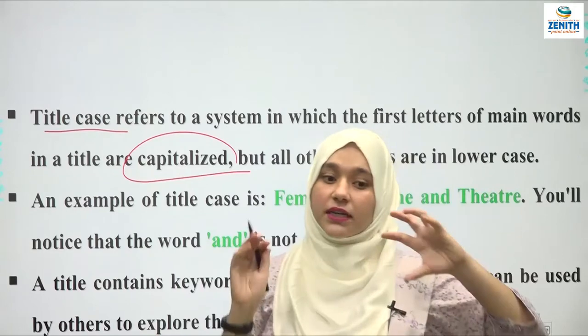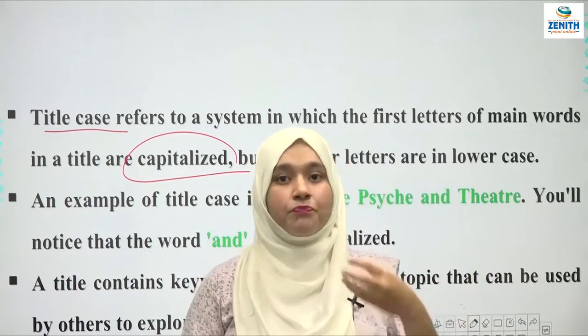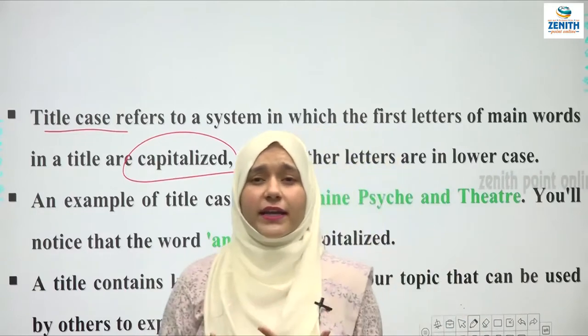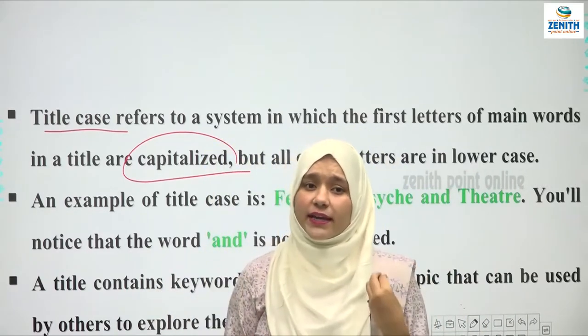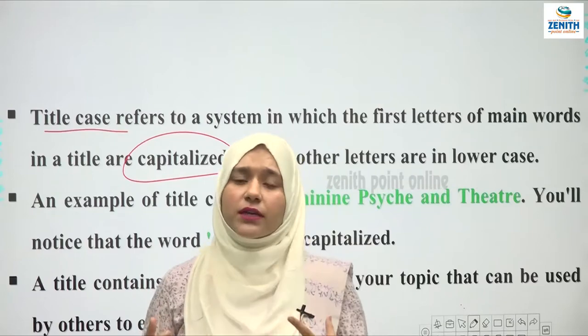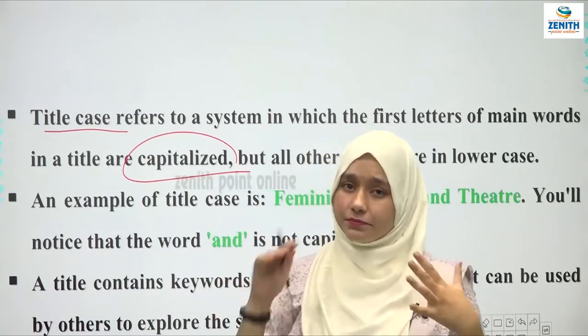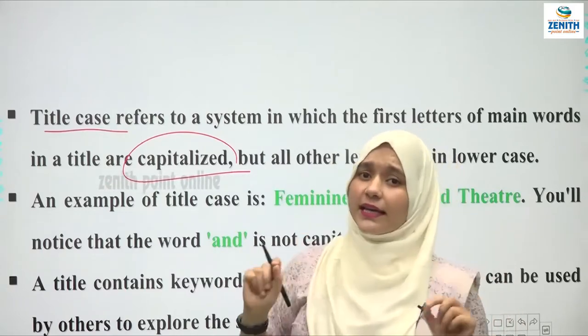The key terms in your title should be capitalized, and the rest of the words, for example prepositions or helping verbs, will be in lowercase, and the key terms of your title should start with a capital letter.